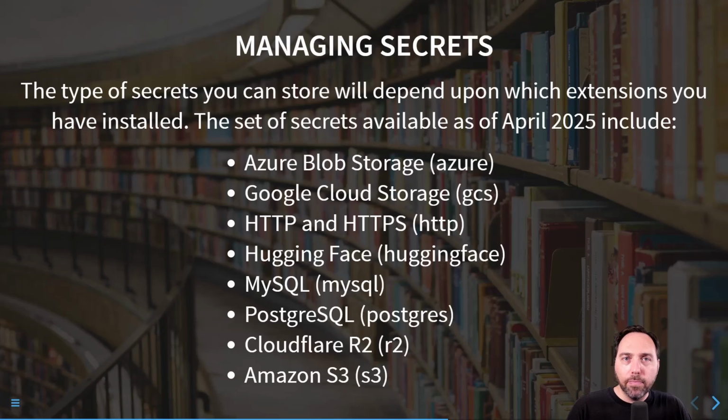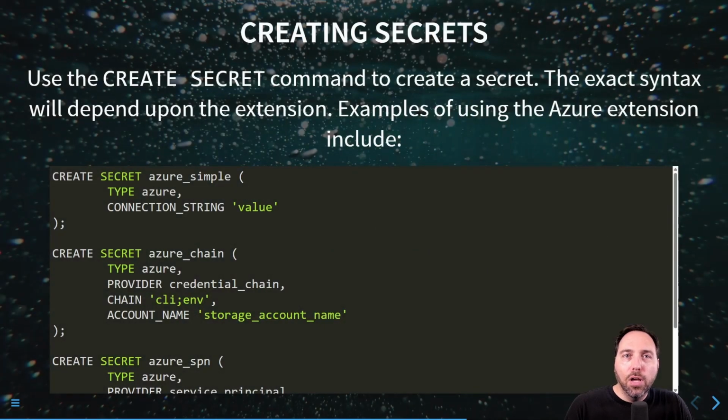You can store DuckDB secrets. These are the different types of secrets that you can include. So you can get Azure, Google, S3, MySQL, Postgres, Cloudflare R2, Hugging Face, etc. These secrets generally come as you install extensions. So you can use the create secret command and you can store those details.